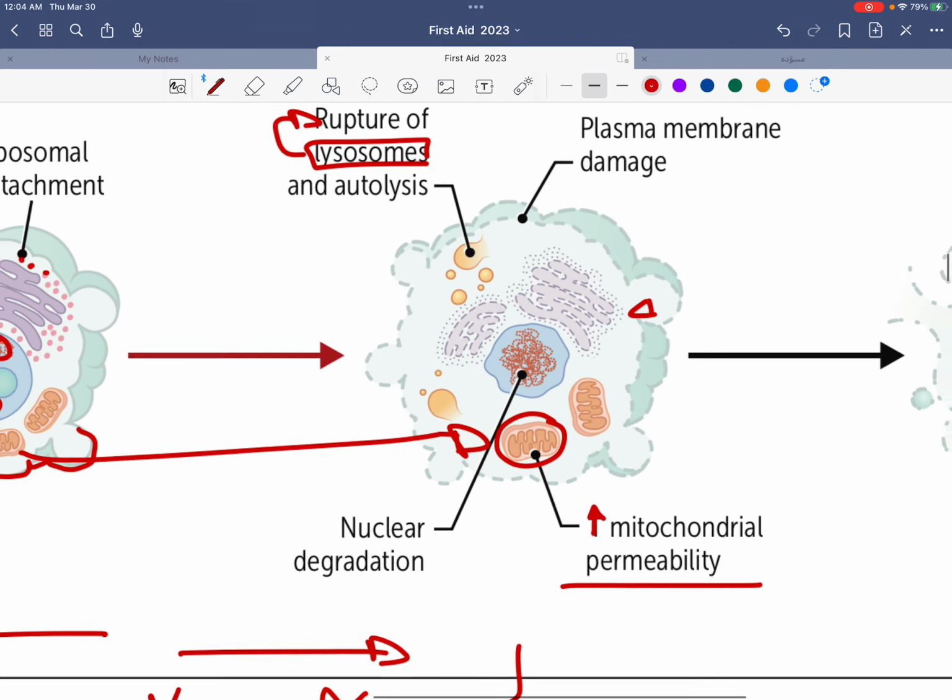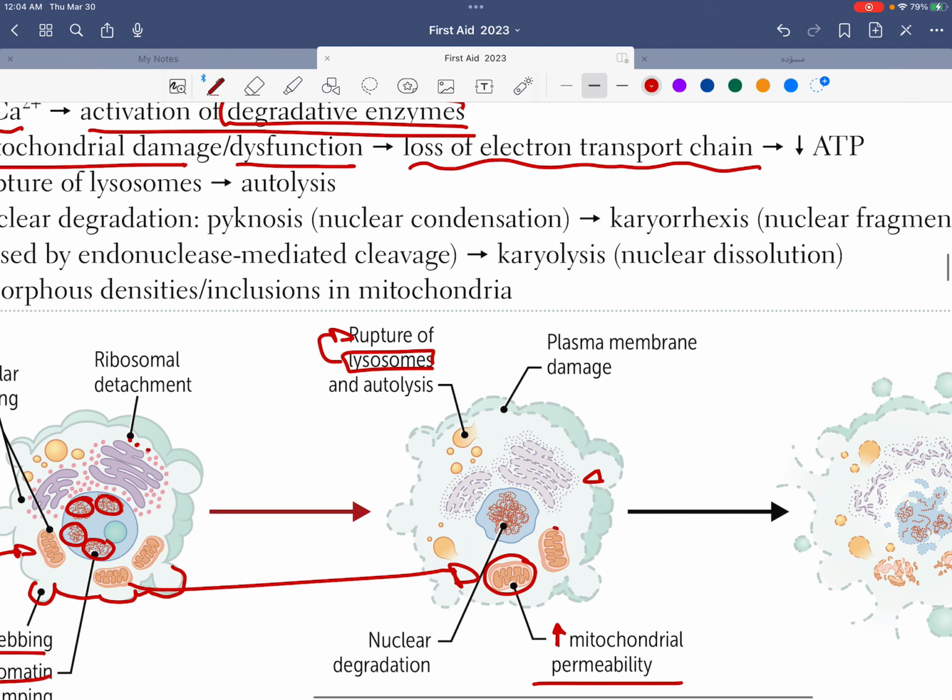So basically, the electron transport chain is one of the main functions that the mitochondria can do. They transport electrons to generate energy to do the metabolism, and that's related to the biochemistry.